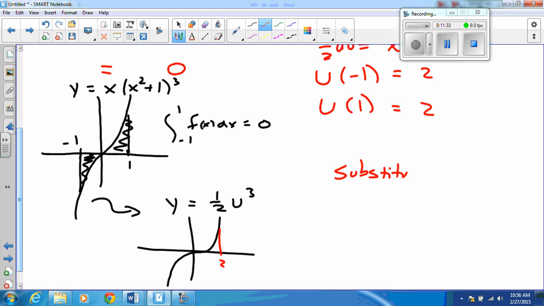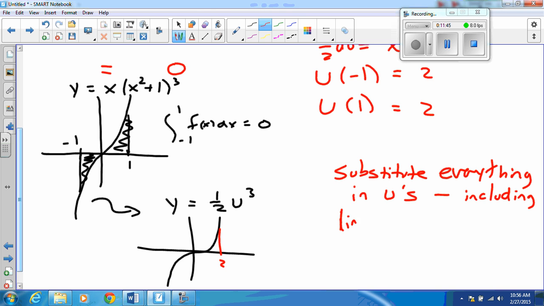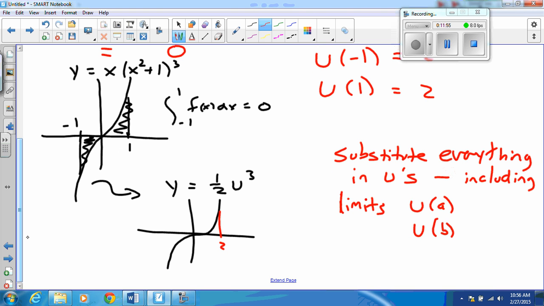And that's the end. So, moral of the story, when you substitute, everything in terms of u, including the limits of integration. And finding the new limits of integration is simply a matter of evaluating u at the lower and upper limits.